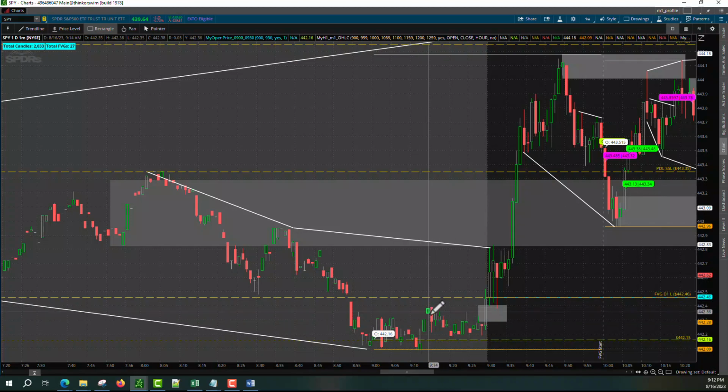This can be a short term or intermediate term high. So it turned into a bullish breaker right there. So you have an order block right here, fair value gap, or you can treat this as a bullish breaker right there.